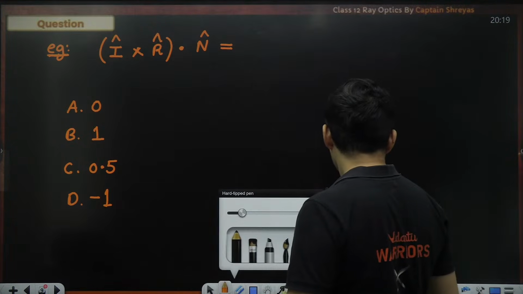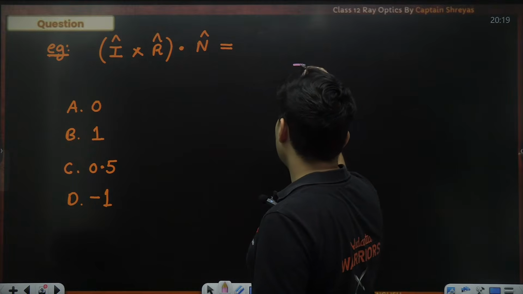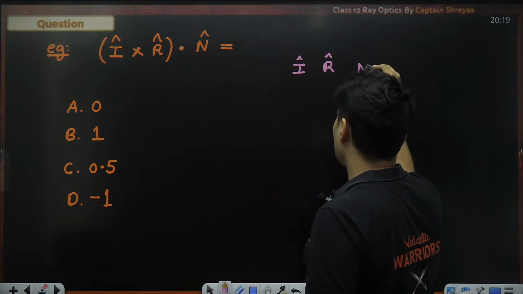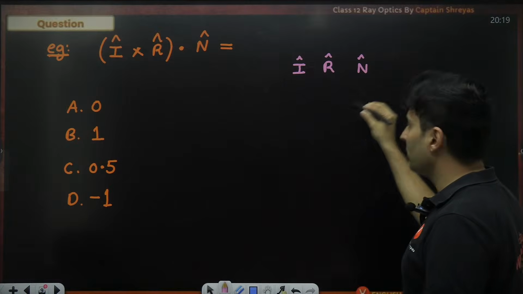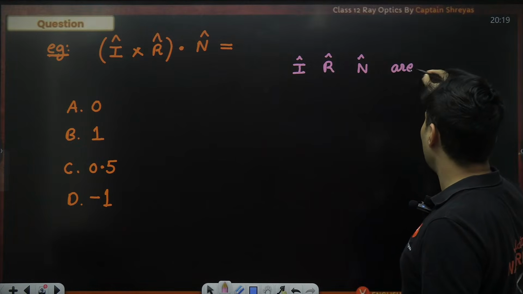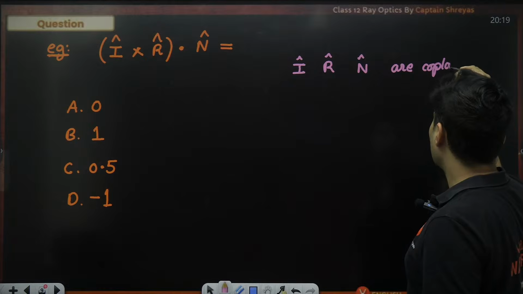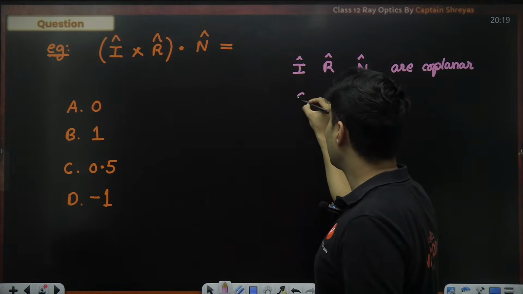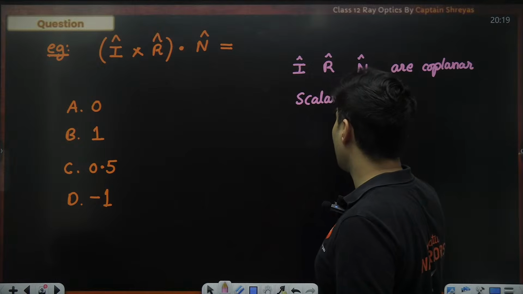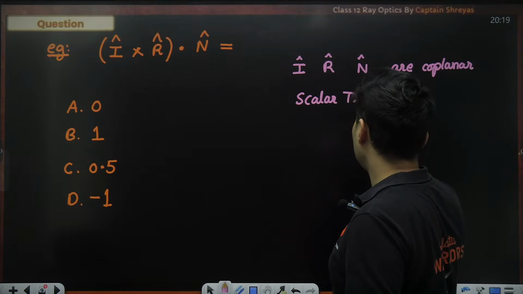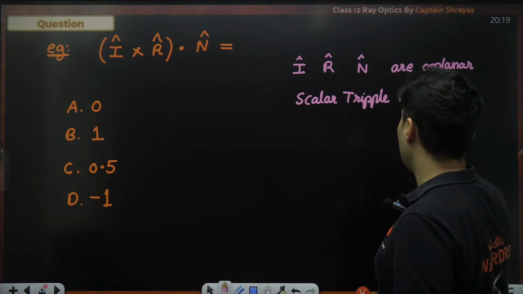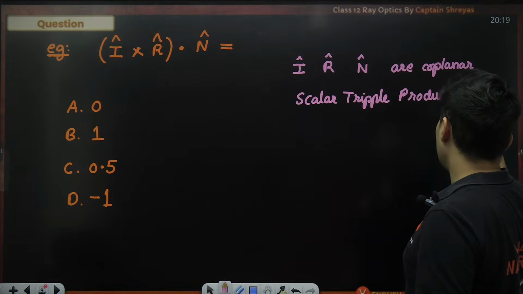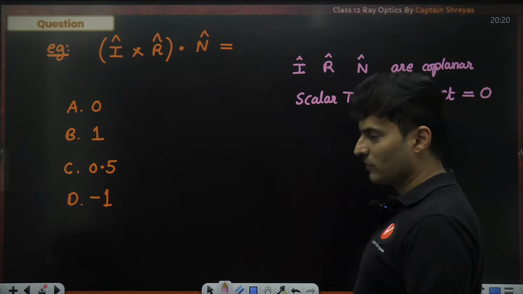I'll tell you what, remember one thing, that the incident ray, reflected ray, and the normal ray, by the laws of reflection, are coplanar. And whenever vectors are coplanar, their scalar triple product is always going to be 0.